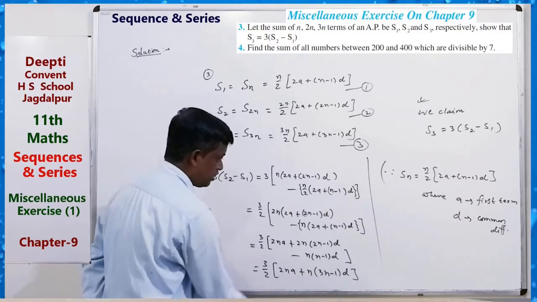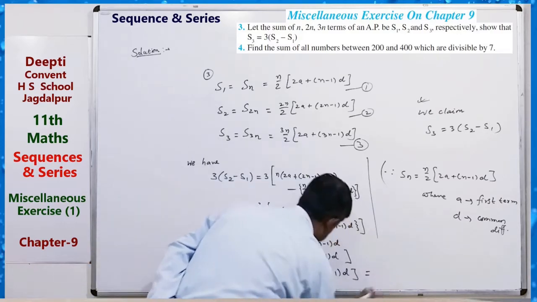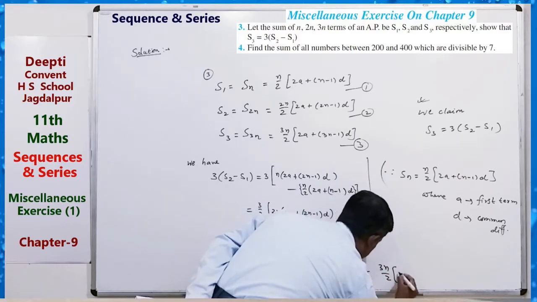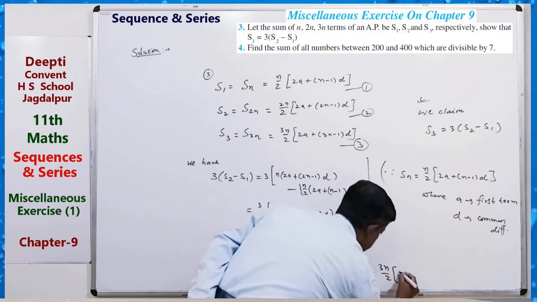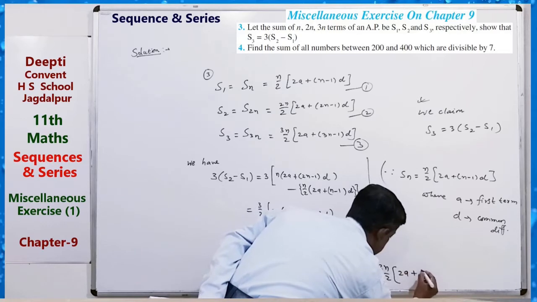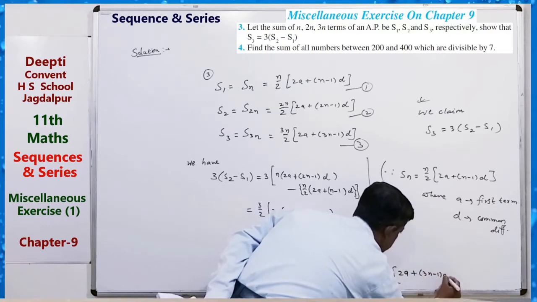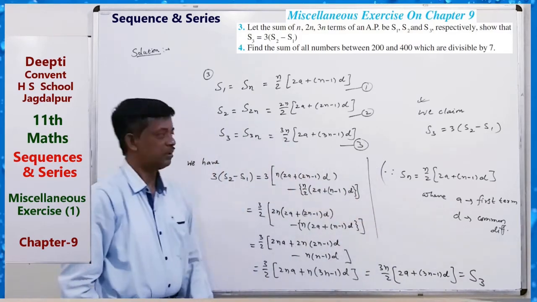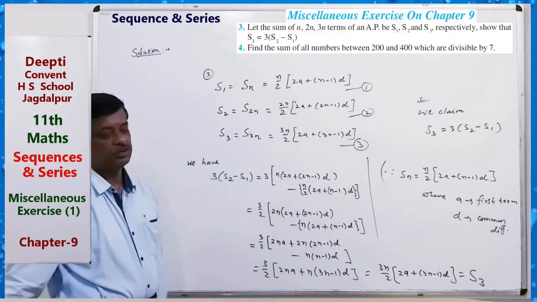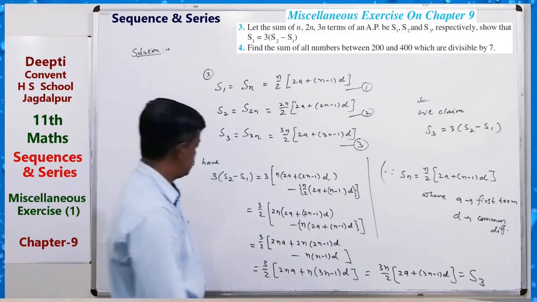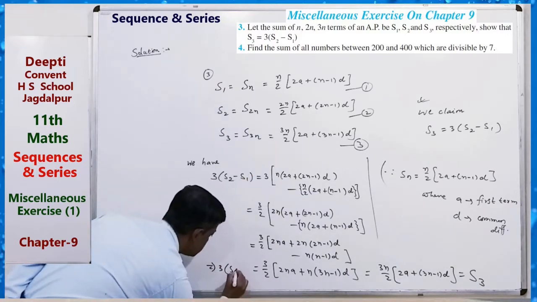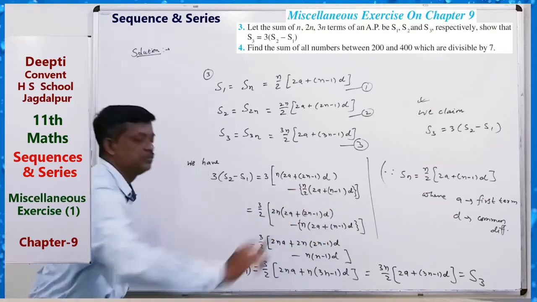So from here we can write, by taking n common, 3n upon 2 times 2a plus 3n minus 1 into d, which is what? S3, 3n by 2 times 2a plus 3n minus 1 d. So this is proved. Okay, here 3S2 minus S1 equals this.